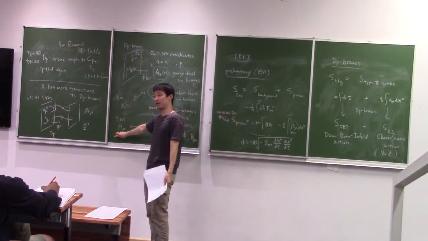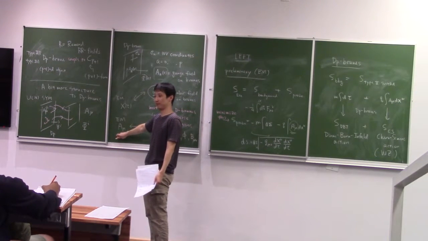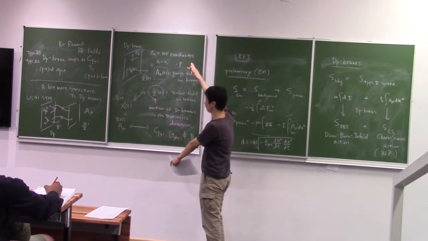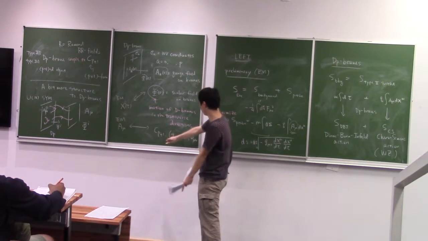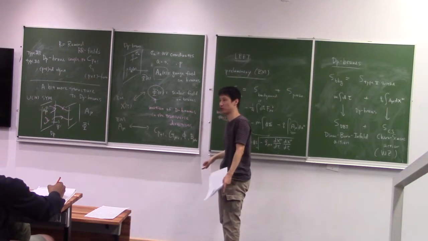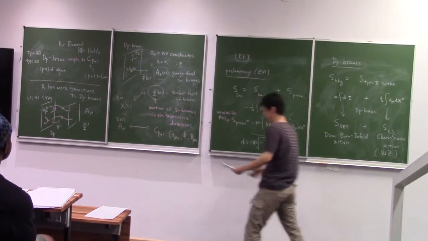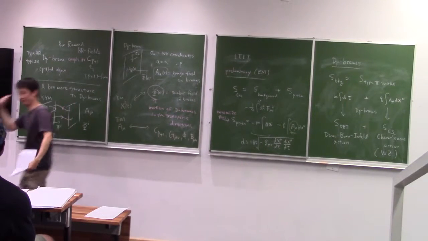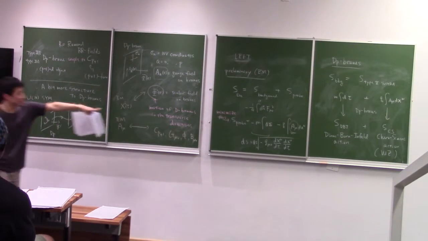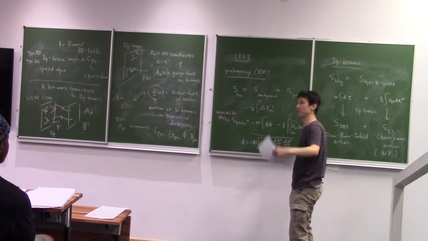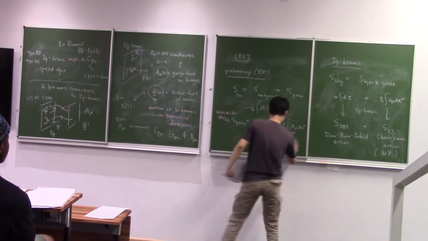In electromagnetism, you have only the gauge field, so that's the background. But in supergravity or superstring, you have this whole bunch of background fields. Okay. So the action, this DBI and Chern-Simons action, becomes a bit more complicated, as you can imagine.